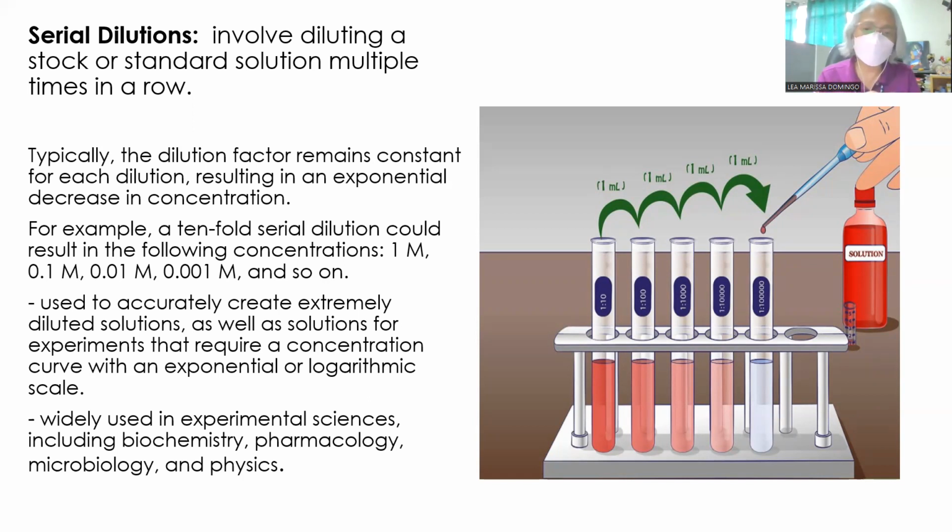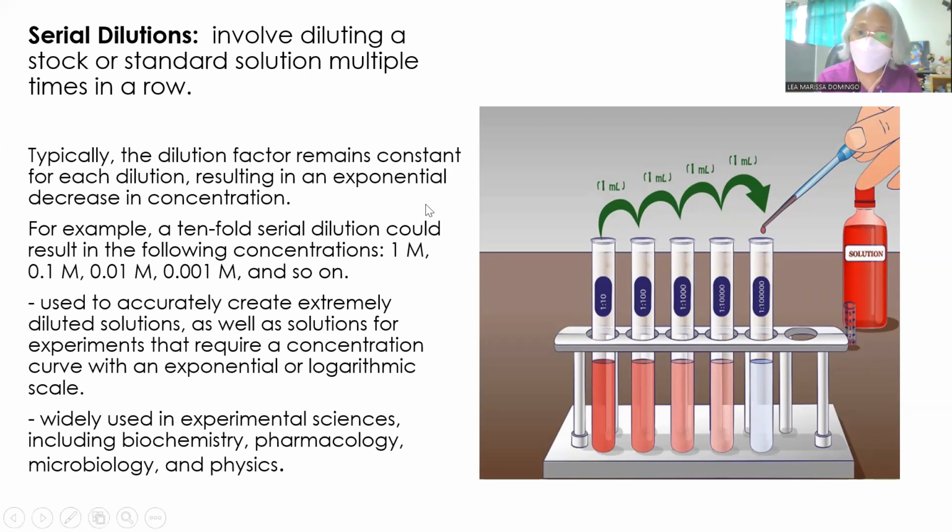You measure a known amount of solute and then dissolve that in a known amount of solvent to get the desired concentration. From there, you take a part, an aliquot, and then you dilute it. Normally, that is how it goes.